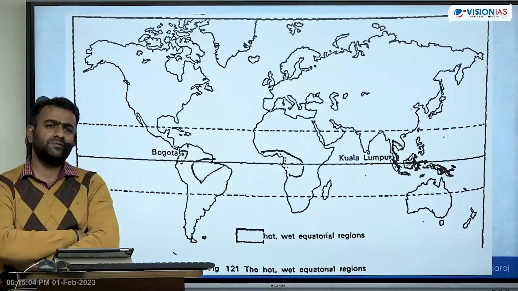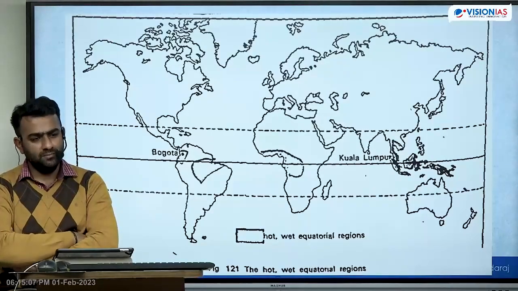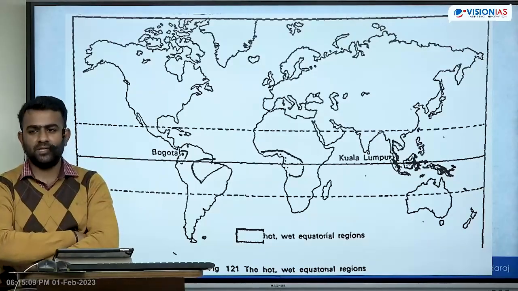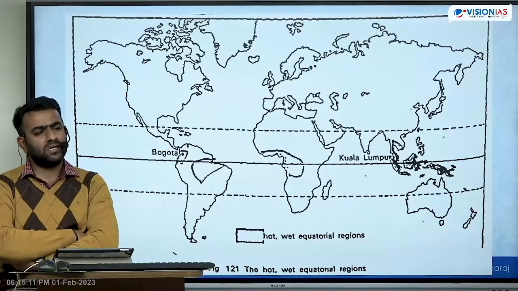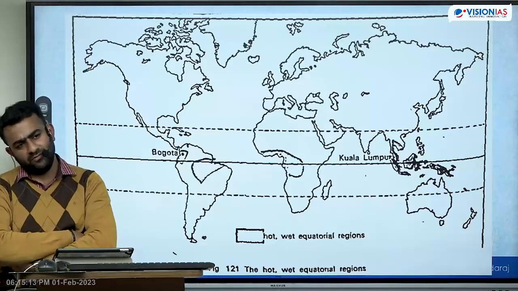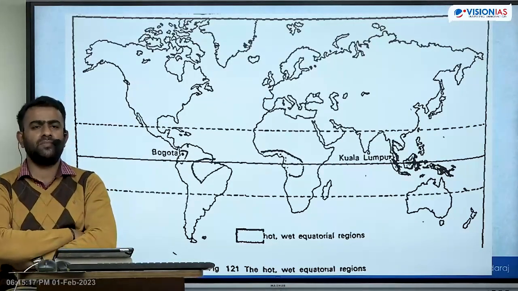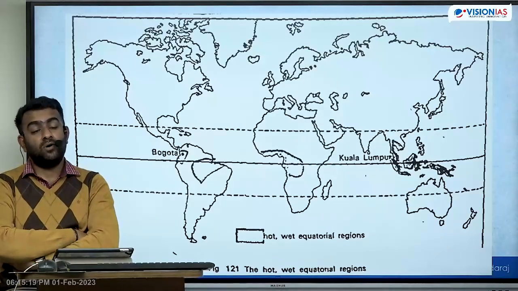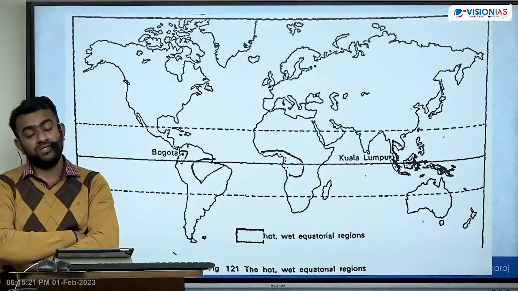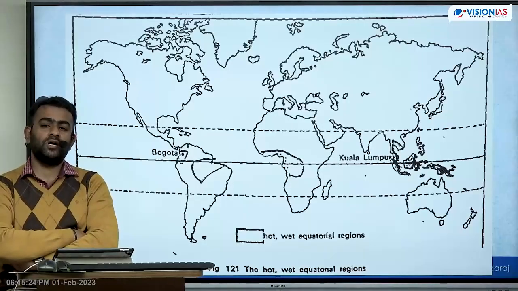Some of the trees will shed the leaves all together, पूरा की पूरा एक ही बार पत्ते गिरा देते हैं. Other trees, some parts, the trees will shed the leaves, one branch, one leaf, another leaf, ऐसे continuously होता है. But deciduous, all the trees of all the species together पूरा के पूरा खाली हो जाता है.